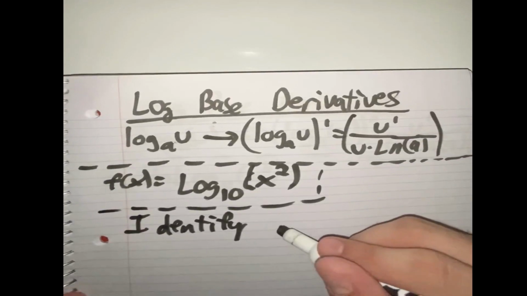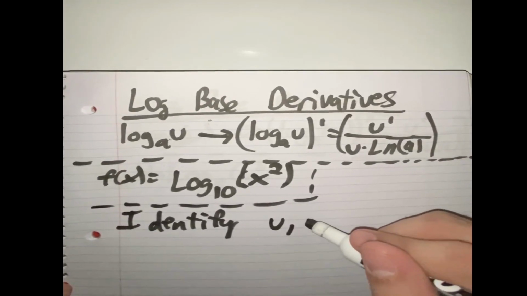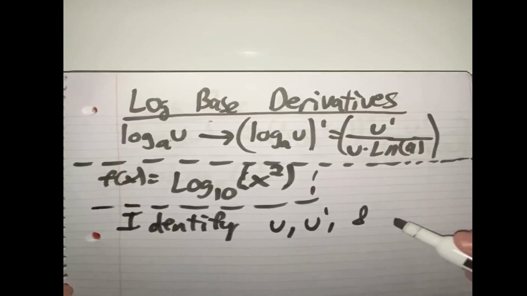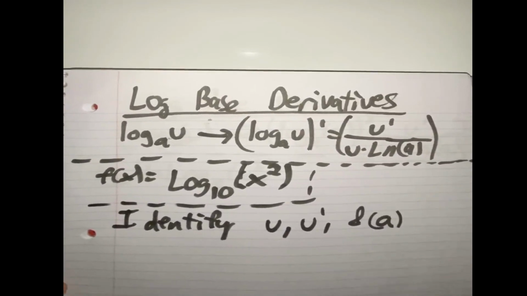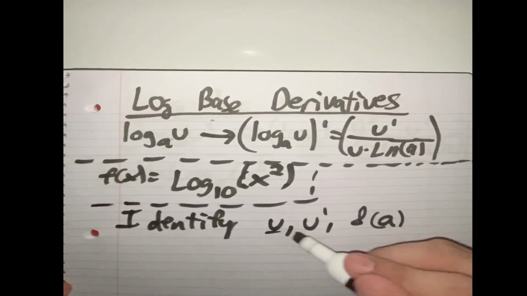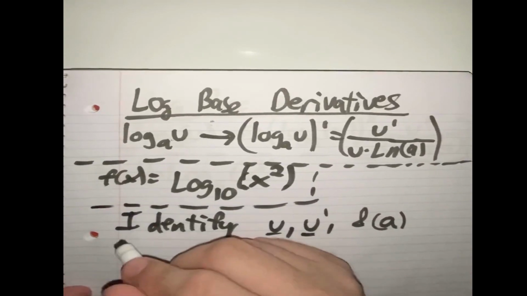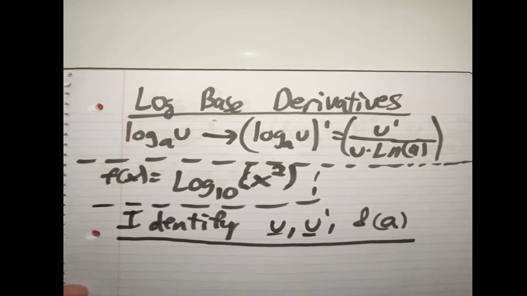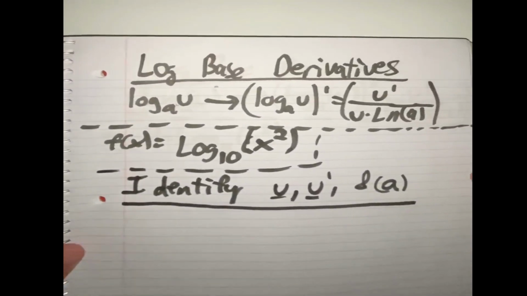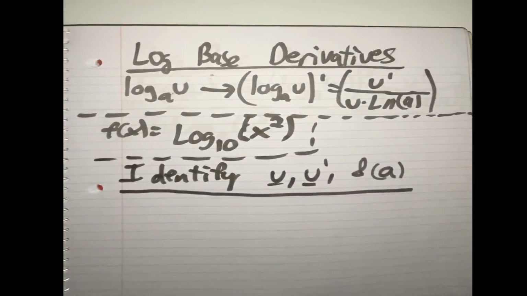So we want to be able to identify u, u prime, and a very easily, because if you identify the variables, it's literally just a matter of plugging them in.